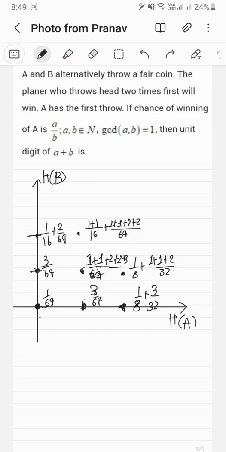After 2 turns there will, sorry, the next turn, no, this was B's turn. Wait a second. Yeah, were we doing B's turn or which turn? Is 3 upon 32, that must have been in the previous turn, right?